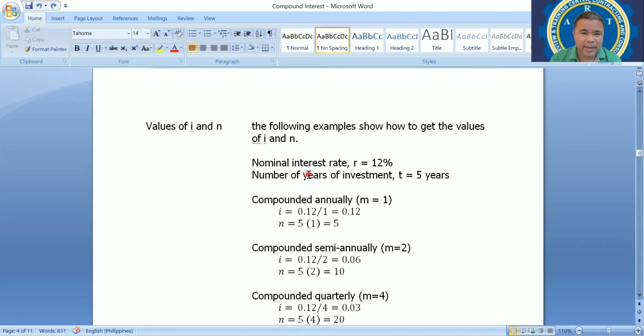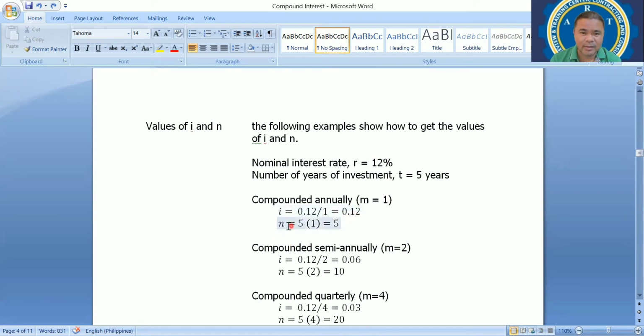So the nominal interest rate r equals 12%, and the number of years of investment t equals 5. For example, compounded annually, m equals 1. So i equals 12% divided by 1, because annually, equals 12%.